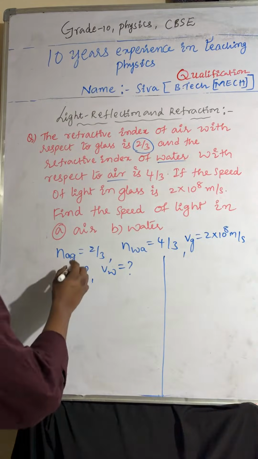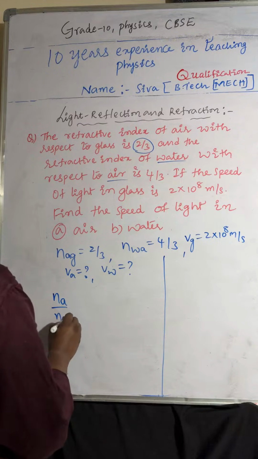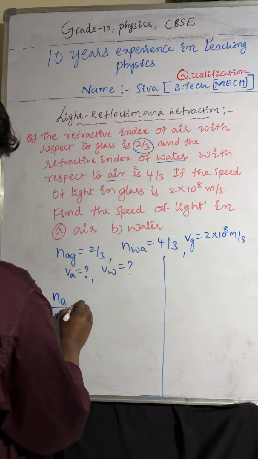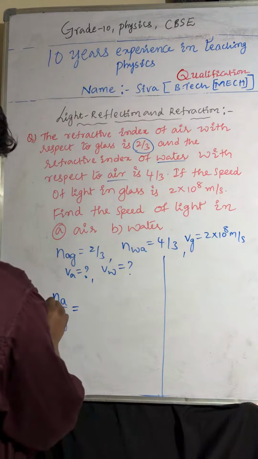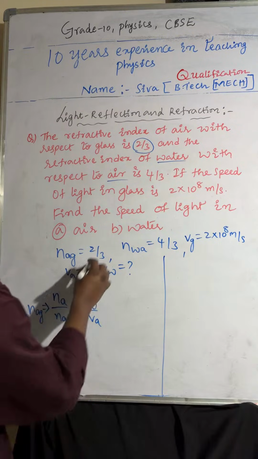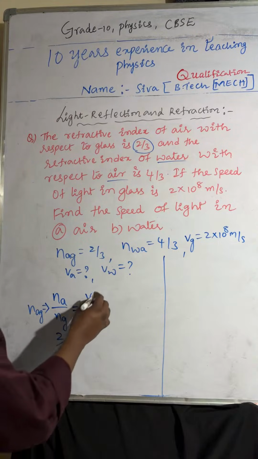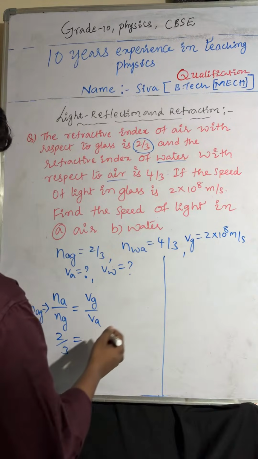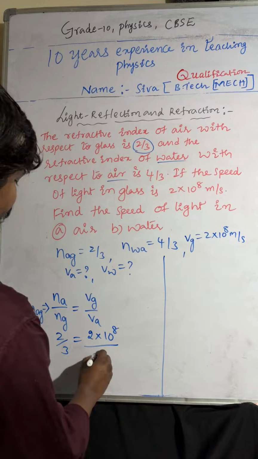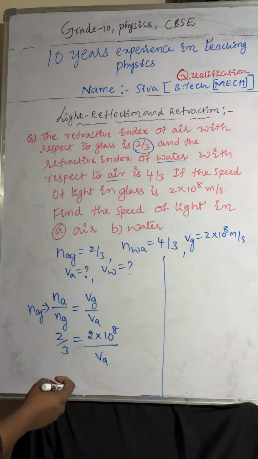So 2/3 equal to 2 into 10 power 8 meter per second by V_a.